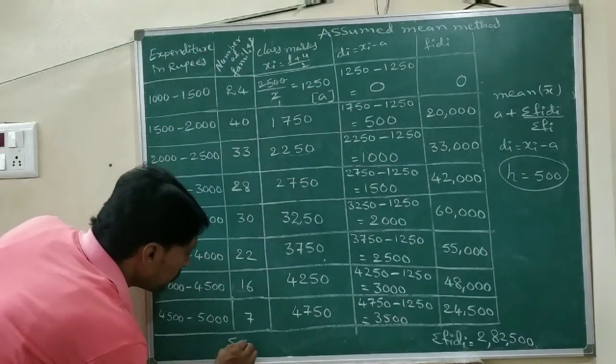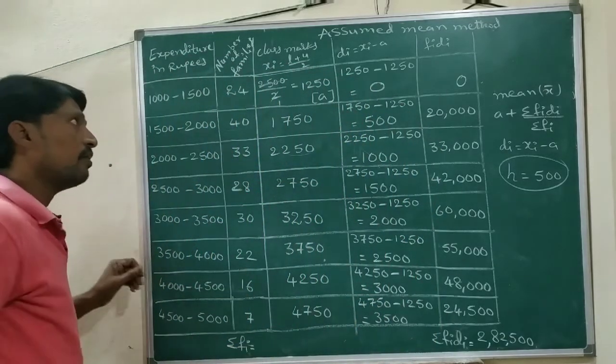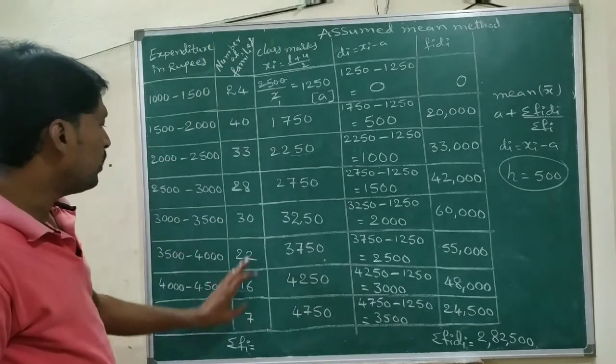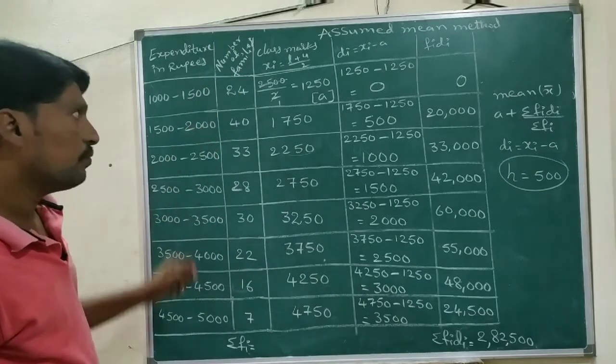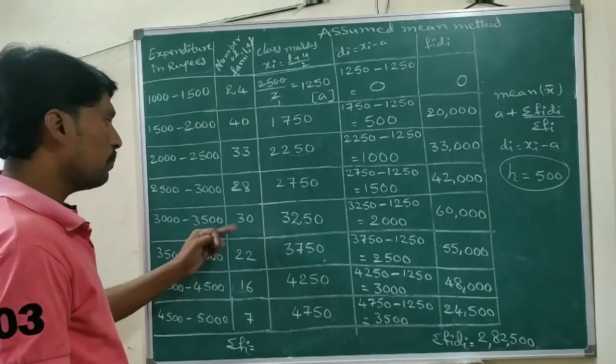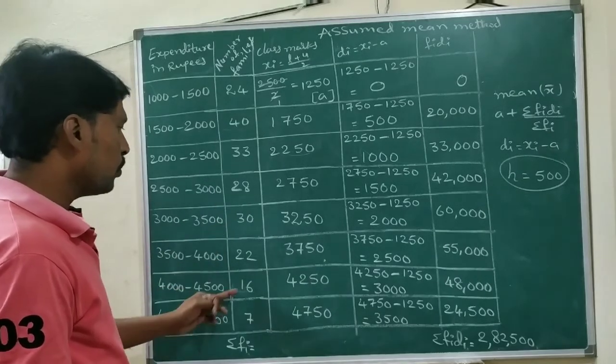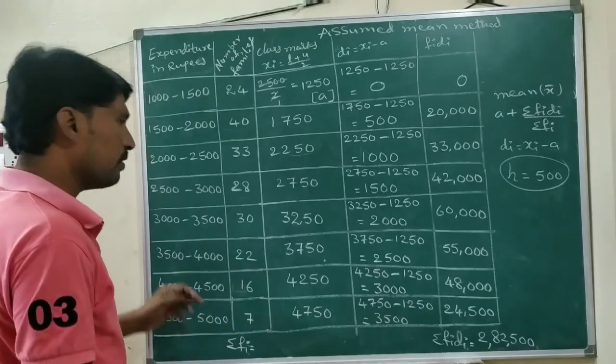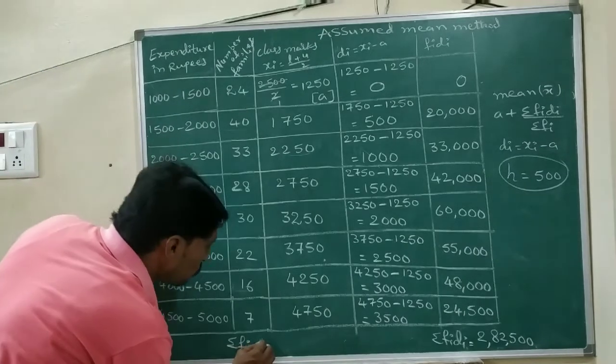Now we need to take sigma Fi, which means adding all the frequencies: 24 plus 40 plus 33 plus 28 plus 30 plus 22 plus 16 plus 7. That value is 200.